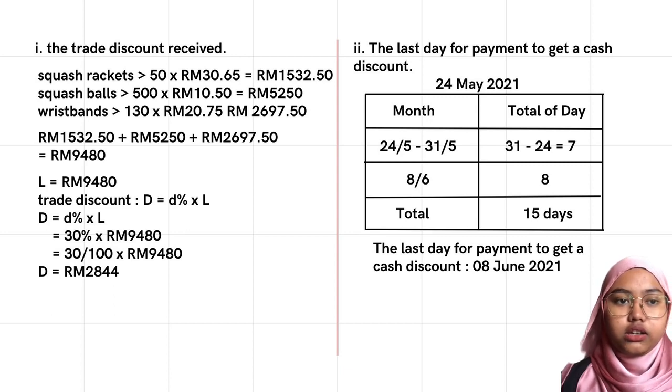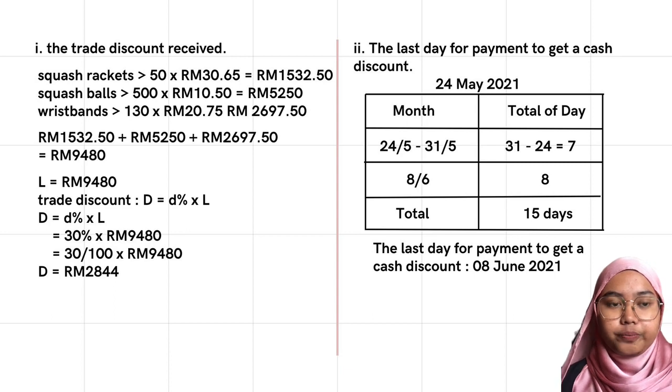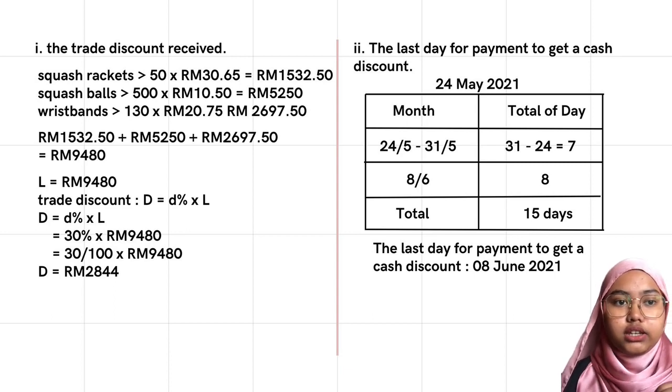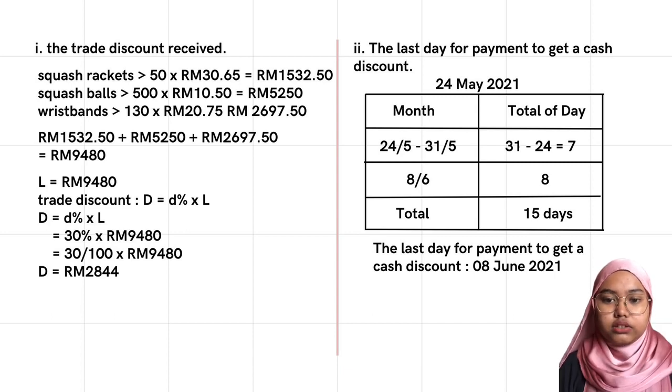So 30 over 100 times 9,408 ringgit. So the total trade discount received is 2,844 ringgit.